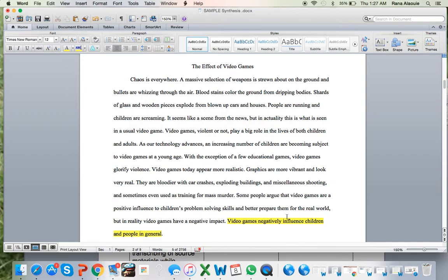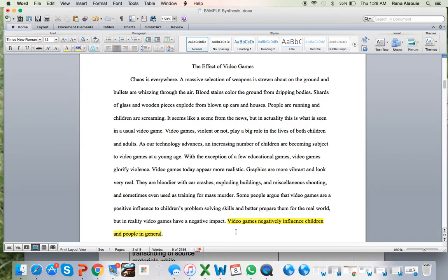I highlighted here the claim. As you notice, this is an open claim, which is what we're emphasizing in the class. You can use a closed claim or a closed thesis, but it's highly recommended not to. Honestly, it's boring, it's not as sophisticated, and it's not as highly respected as the open claim on the AP exam.